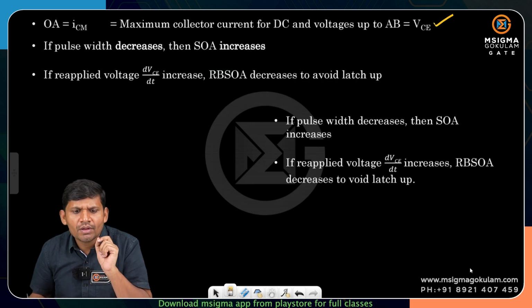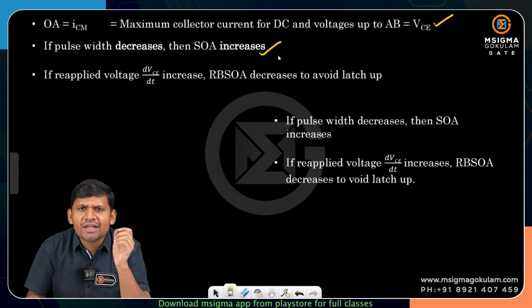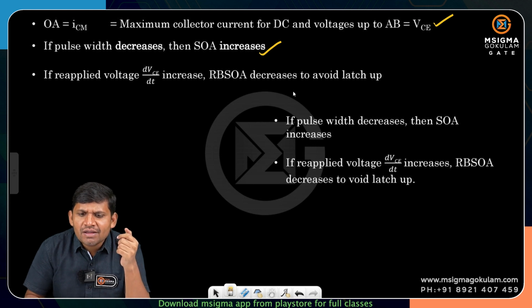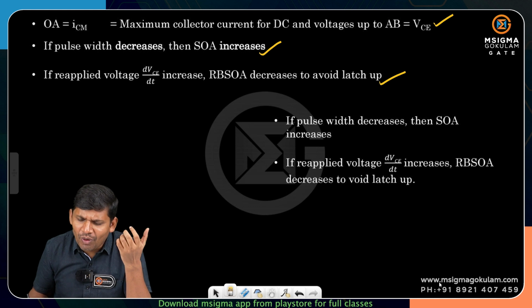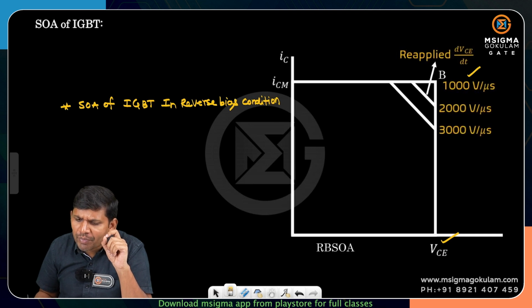Corresponding to VCE, if the pulse width decreases, the safe operating area increases, that you know. If the reapplied voltage increases, the reverse bias safe operating area decreases to avoid the latch up. What is the latch up in the device, the latching of the SCR, that I will explain. But remember, the higher the voltage, the lesser the safe operating area to avoid latch up.